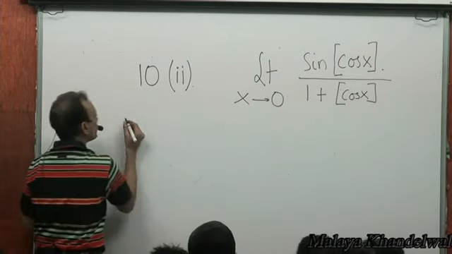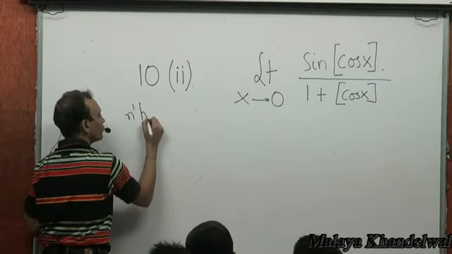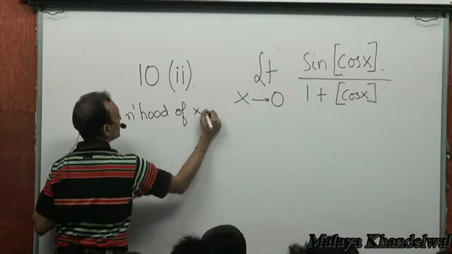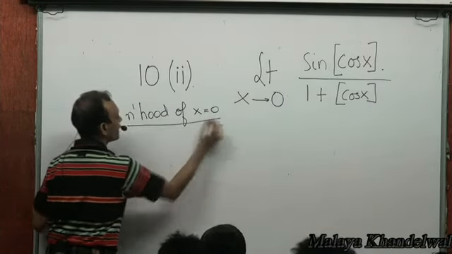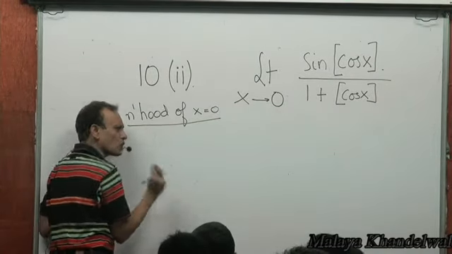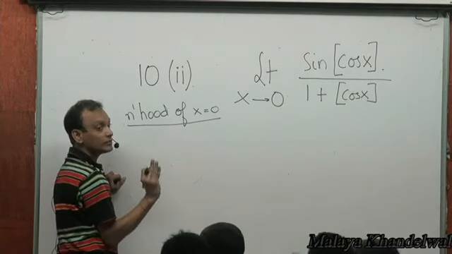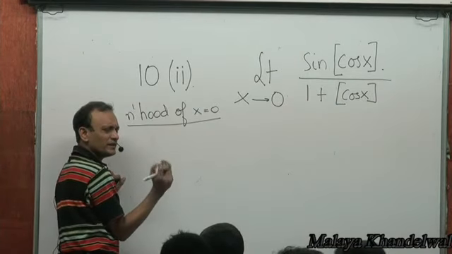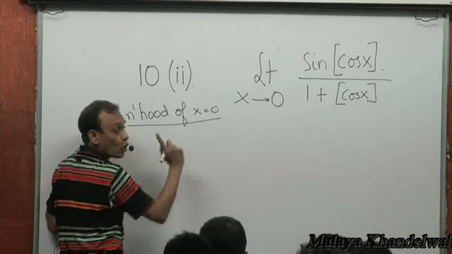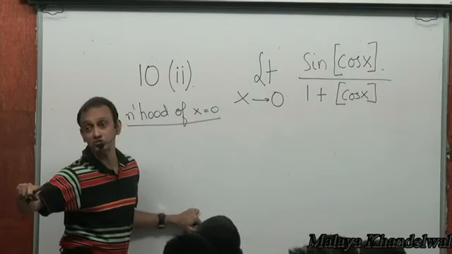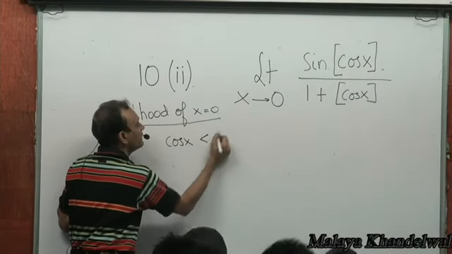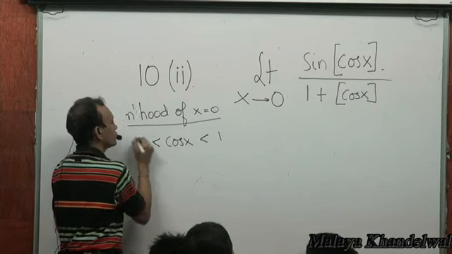Now in the neighborhood of x equal to 0, realize that when x is slightly greater than 0 or less than 0, cos x will lie between 0 and 1. Because even when x is slightly negative, fourth quadrant case, it will be positive. So in the neighborhood of x equal to 0, on either side of x equal to 0, cos x will be less than 1 and greater than 0.